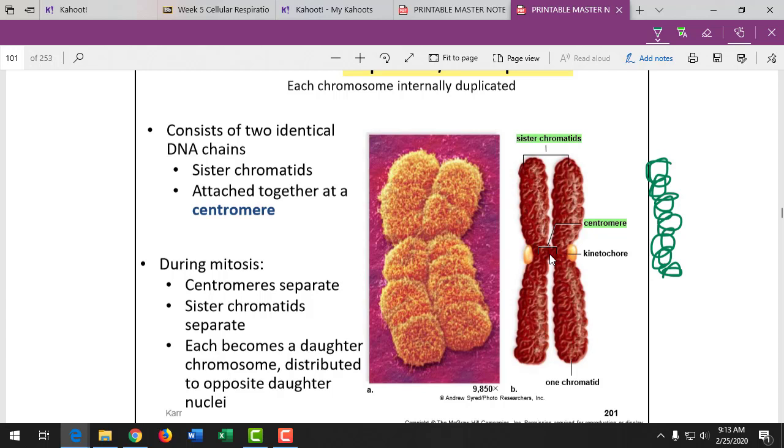Again, DNA replication is semi-conservative, so each chromatid has a copy of the parent strand and the new strand, which we call the daughter strand. So this is a chromosome that has been replicated. It looks like an X, and each half of the X is called a sister chromatid.